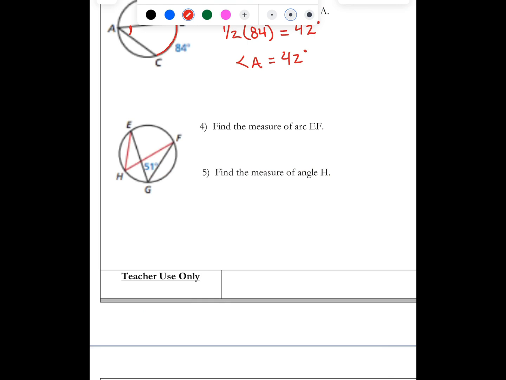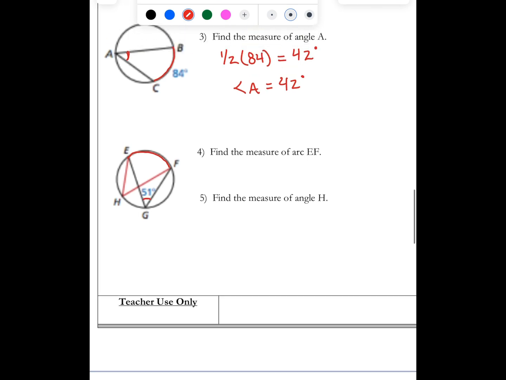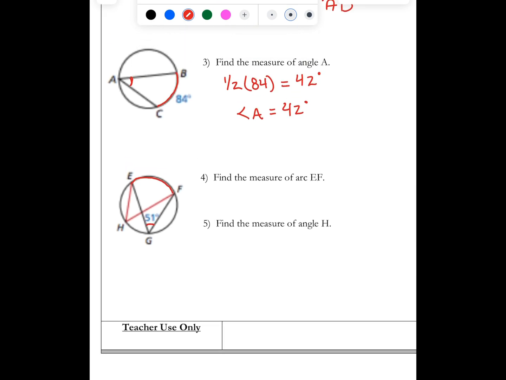Last two questions on this page. Find the measure of arc EF. So if we need to find this arc, we have our angle is 51. Instead of multiplying by 1/2, we need to multiply by 2 because we need to do the opposite of what we did in number 3. So 1/2 of EF must be equal to our 51 degrees.